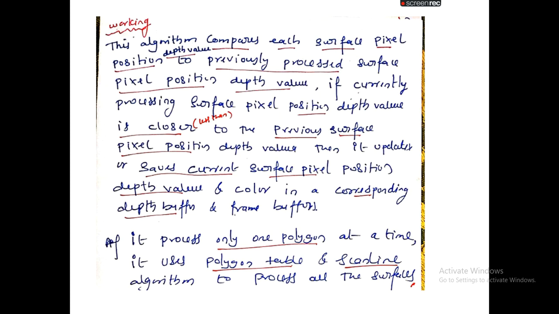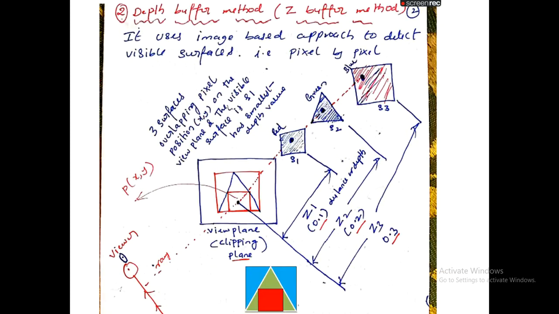Assume that you stored the first surface's depth value in a depth buffer and its color information in a frame buffer. I'll go back to this slide. So this is the first square. After processing, we stored two types of information in two types of buffers.